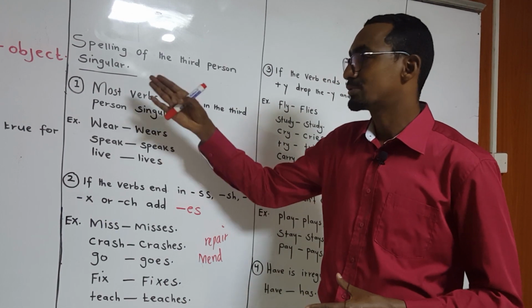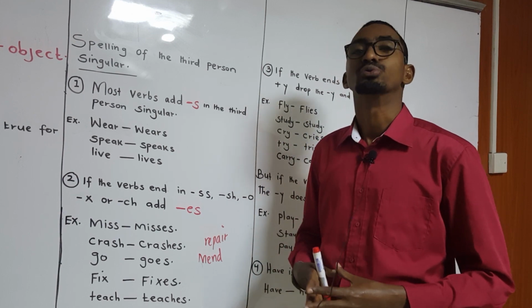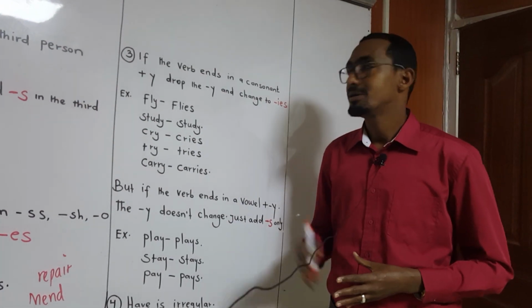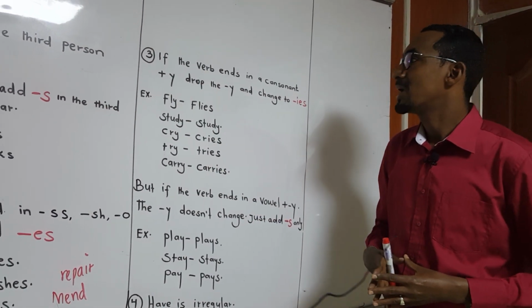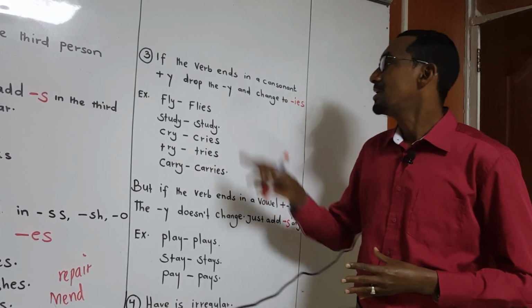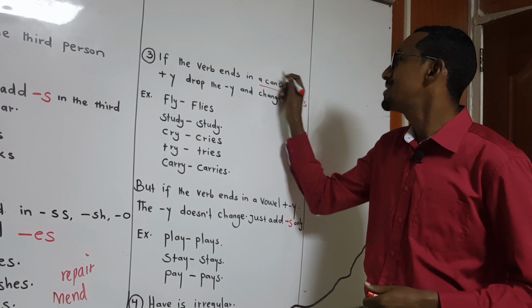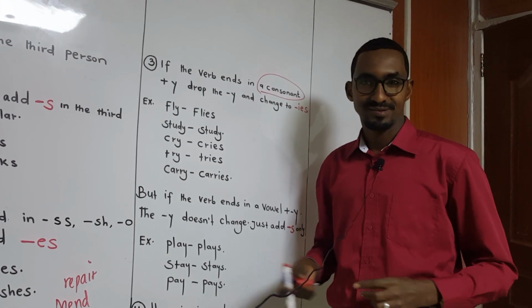So that is rule number 2. Now let's move on to rule number 3. Rule number 3, if the verb ends in a consonant. Remember in our previous lesson we learned the consonants.